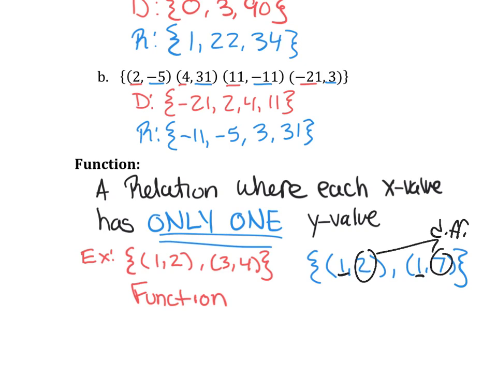And so since this x value is taking us to two different y values, that would make that one not a function. So you're just looking for if your x values repeat, you have the same x value, and then you need to just see if it's going to the same y or a different y.